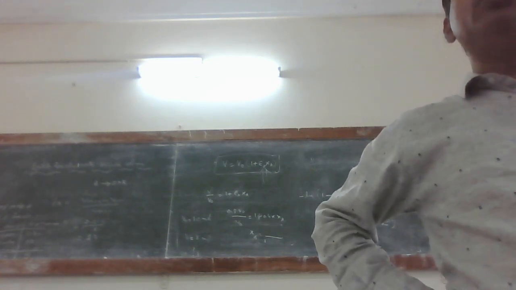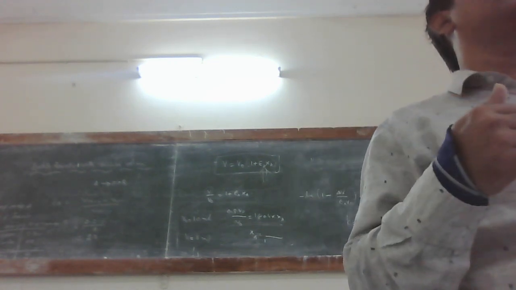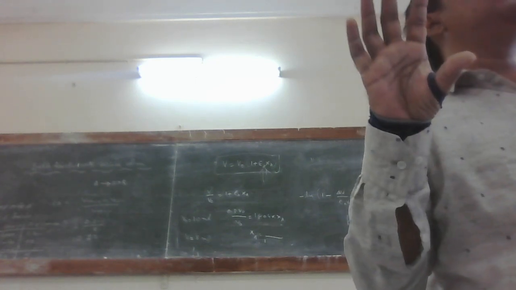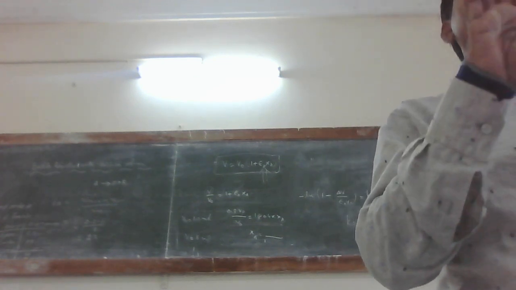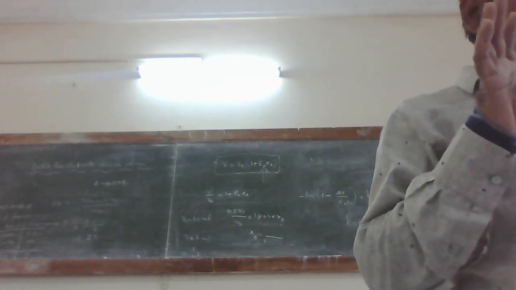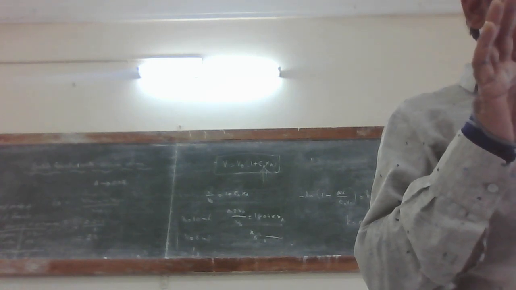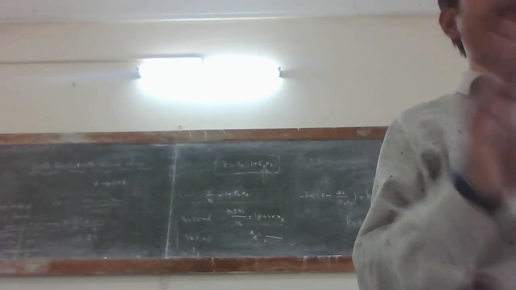Now we have to go to the second case, because he is asking to use this data for the constant volume case. Understood the first part of the problem? Using variable volume, calculate K. That K you are getting as 0.0346 minute inverse.